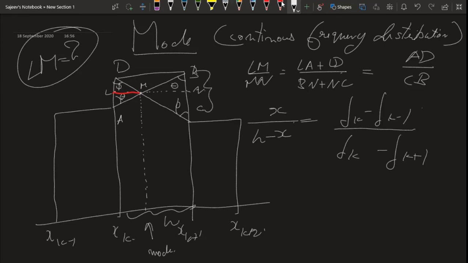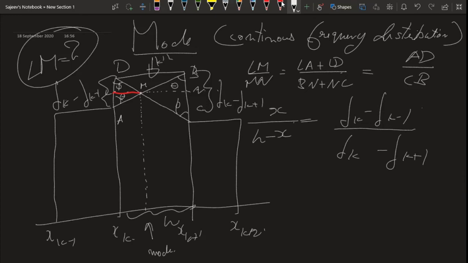Let me draw this in the graph. So my BC is fk minus fk plus 1, and my DA is fk minus fk minus 1. Please note that fk is greater than both fk minus 1 and fk plus 1.